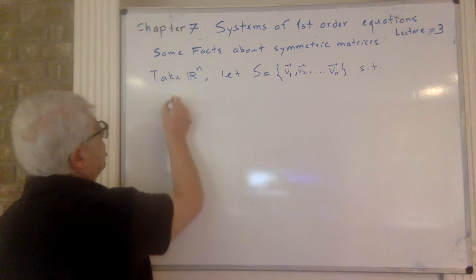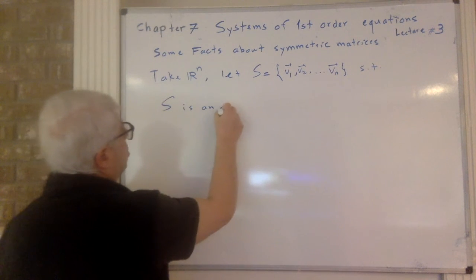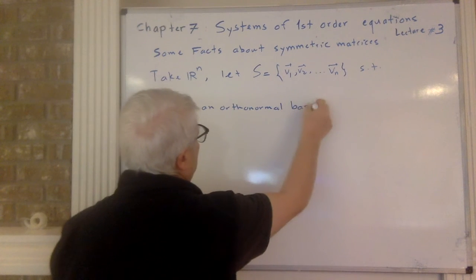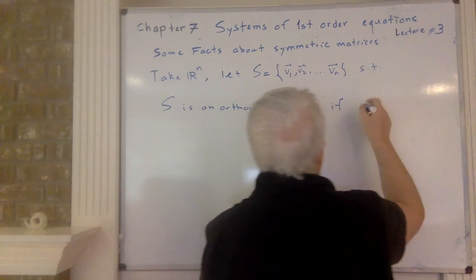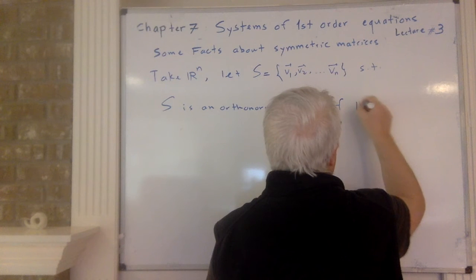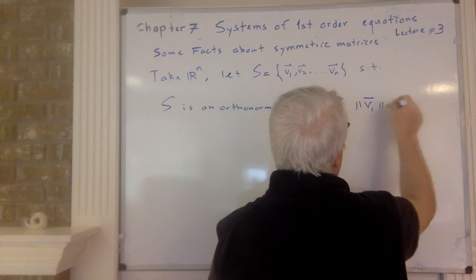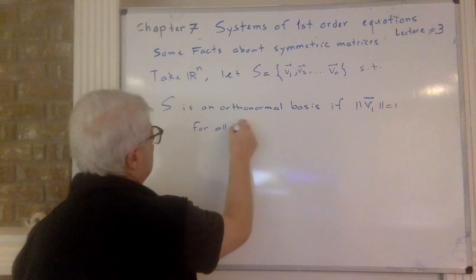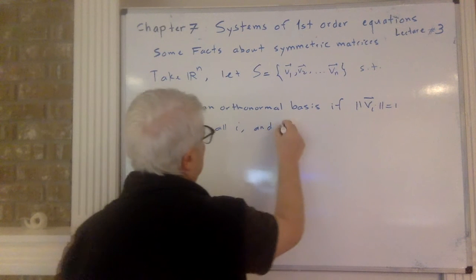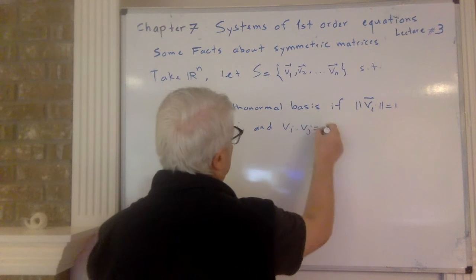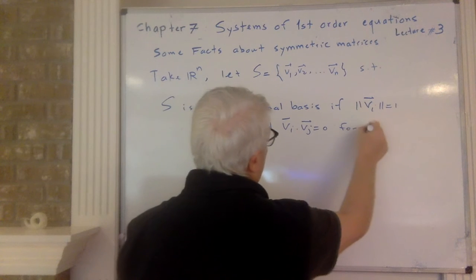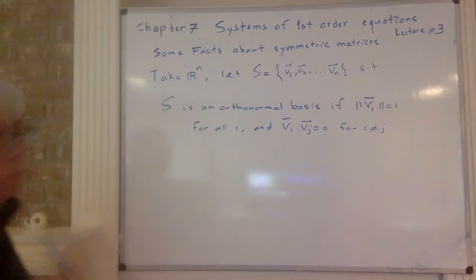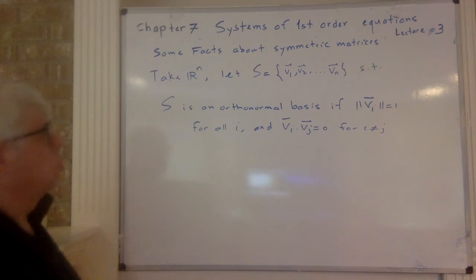So S is an orthonormal basis if the length of vi is 1 for all i, and vi dot vj is 0 for i not equal to j.